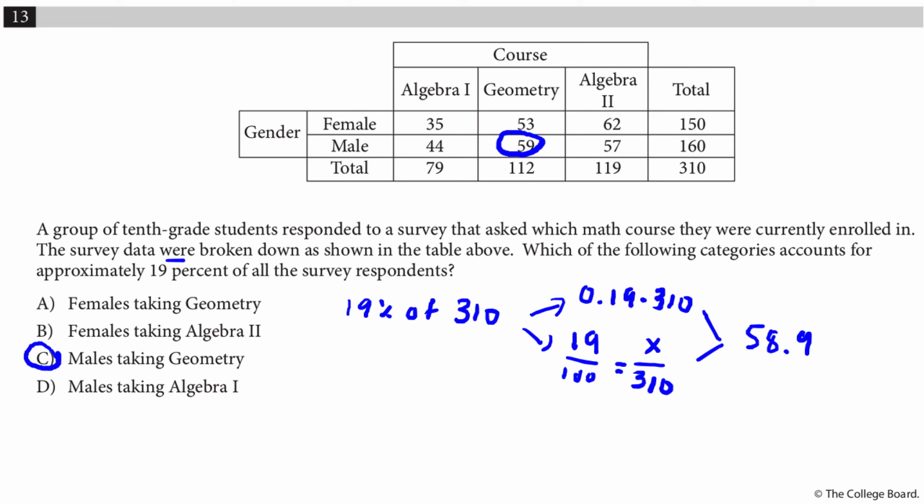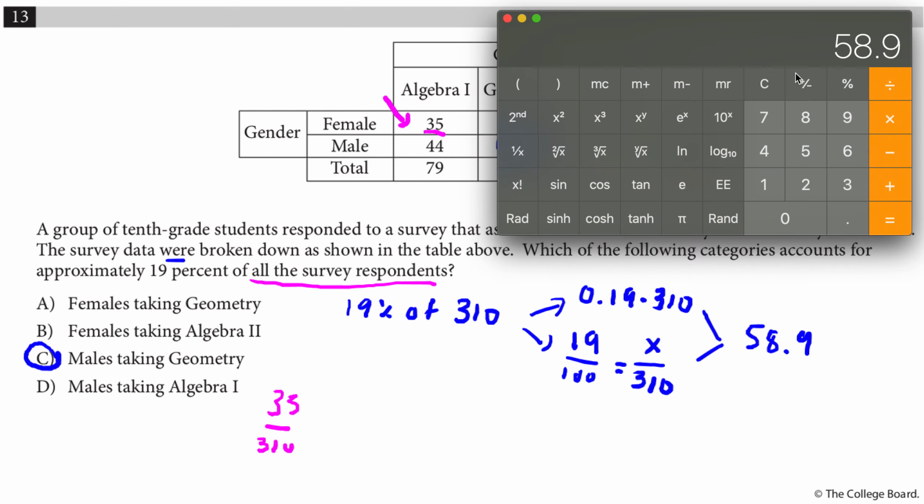A not quite so good way, but also feasible, would just be to find each individual probability. I'll do the first one so you can see. If I want to find the probability of students who are female in Algebra 1, I could do 35 divided by 310. Again, we're saying out of all respondents. That's why I'm using this as opposed to any of these other totals. I'll go to my calculator.